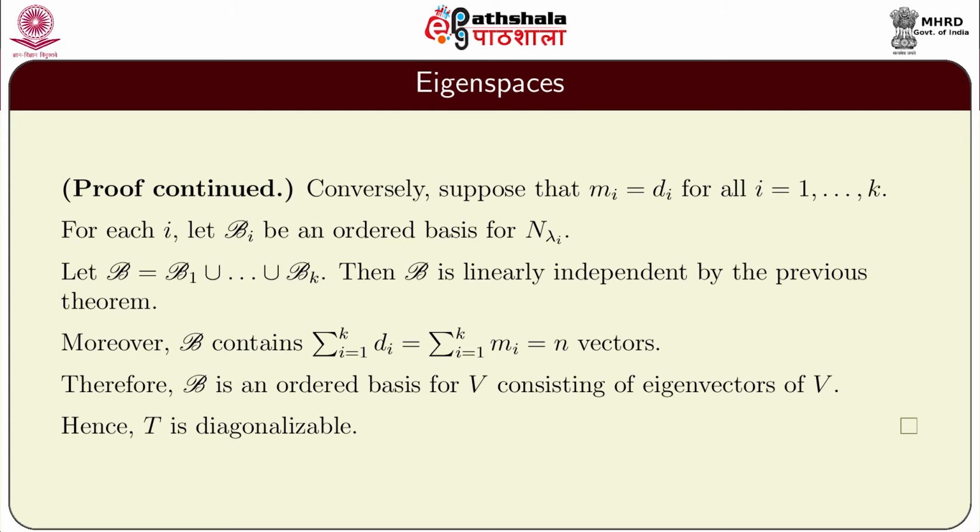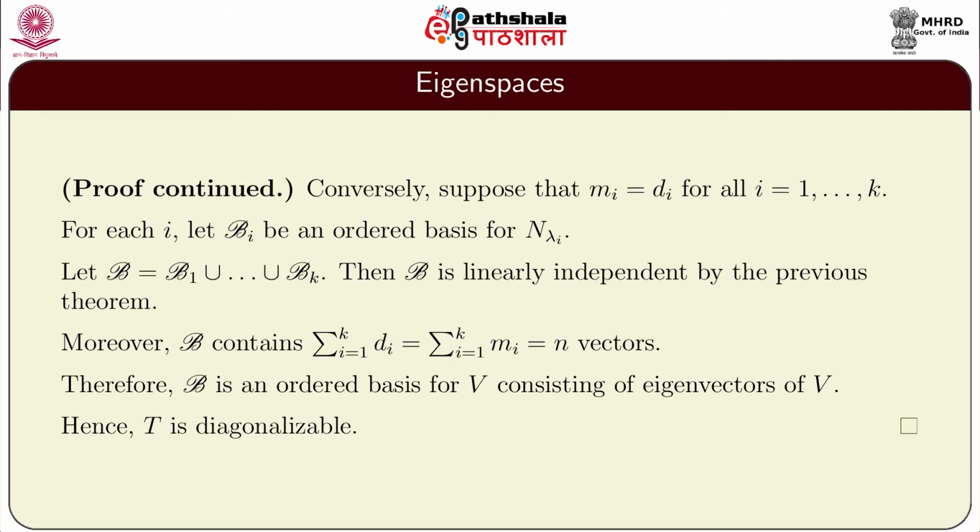But the number of elements in the set B is the summation of Di over i, which is the summation of Mi over i, because we know that Mi is equal to Di, and the summation of Mi over i is nothing but n.